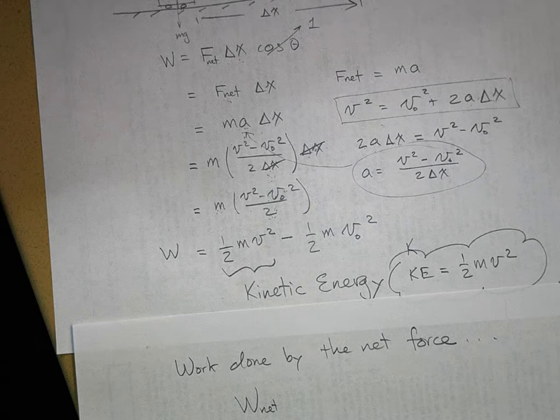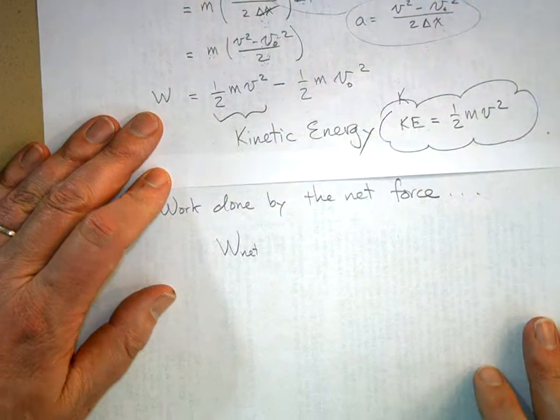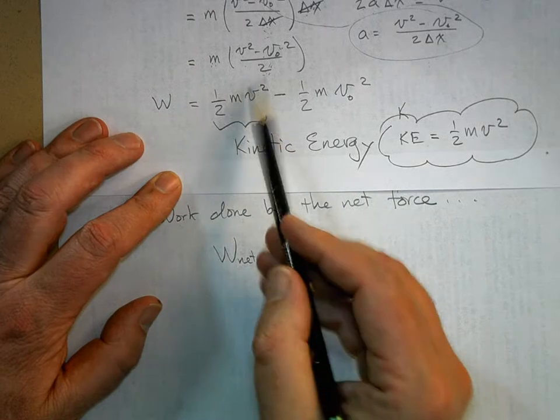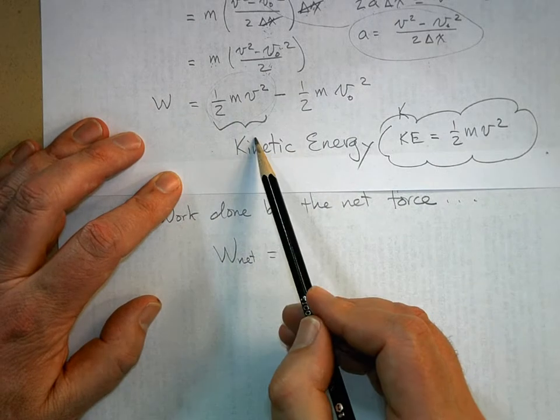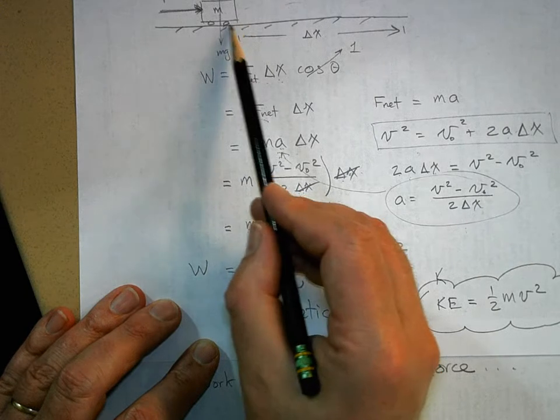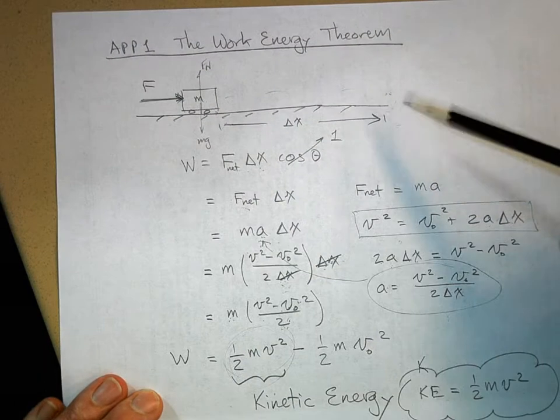Now, this is going to make more sense when we have objects that have multiple forces acting on them. Okay, but look right here. Based on that, this is the final amount of kinetic energy it has. I pushed on it, but it was already moving. So this is the kinetic energy it has at the end over here.